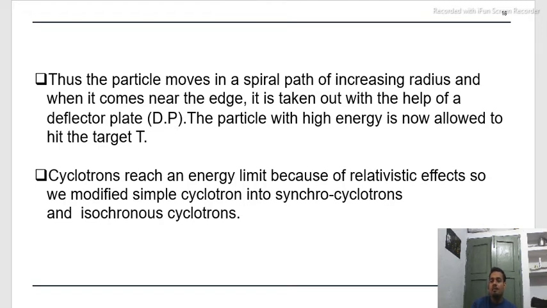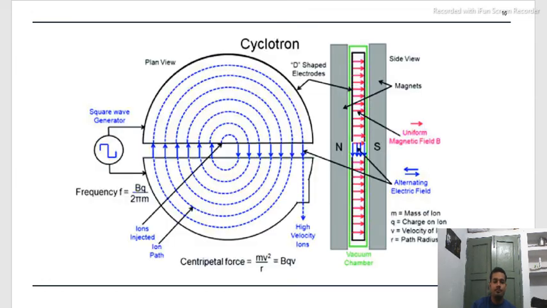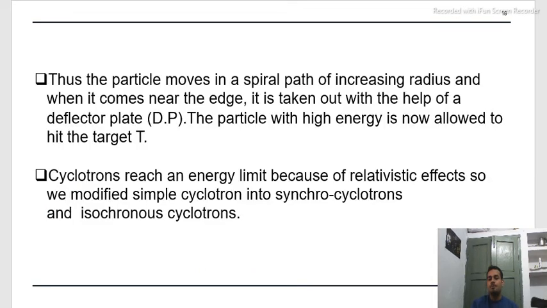Now the particle moves in a spiral path of increasing radius, which we already showed you. Here the path is spiral in nature with increasing radius. When the particle gains enough energy, the high-energy particle is allowed to hit the target T. You can take any target according to your experiments.